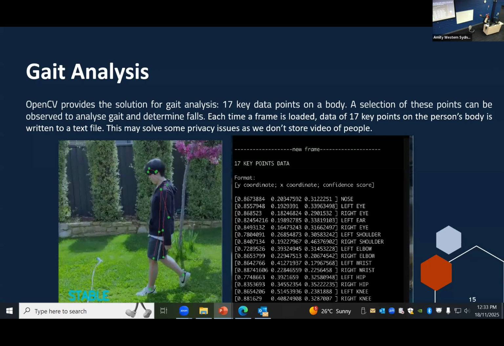You store just the data on the body, and you can see on the right-hand side of your screen the data that relates to the nose, left knee, left eye, right eye, left ear, right ear, elbow, etc. And actually, we can reconstruct from this data the skeletons of the person, not the pictures. So this is one way that we can convince people: yes, the camera is facing you, but we're not recording you, we're just recording the data sets that we need. And that can be used for monitoring the gaits of the people.